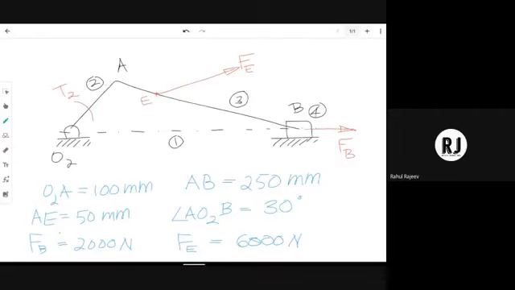This is basically the question that is given. So basically the first step is to draw the configuration diagram.